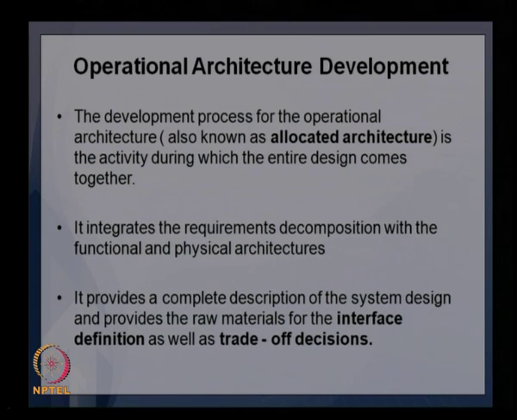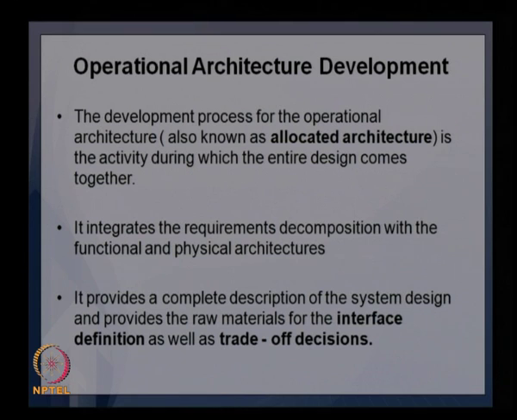So, we try to have the interface definition as well as the trade-off decisions and the corresponding architecture in the operational architecture development. Trade-off decisions are basically whether we need to increase the cost or reduce the cost in lieu of performance, or trade off reliability or some other aspects for other performance aspects. All these decisions also need to be taken, analyzed and implemented in the system architecture.